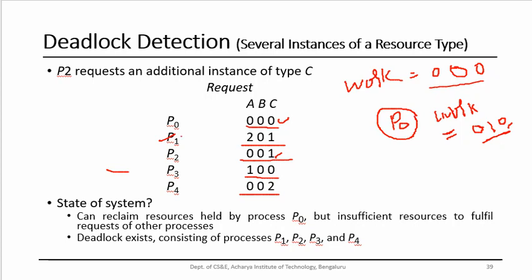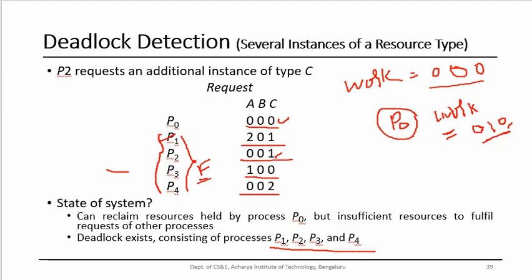It all remains false. So in the fourth step, we check finish of these processes. Because the finish of P1, P2, P3, P4 is false, we say that the system is in a deadlock state, and these are the processes which are contributing to the deadlock. Okay, this is how the deadlock detection algorithm works.